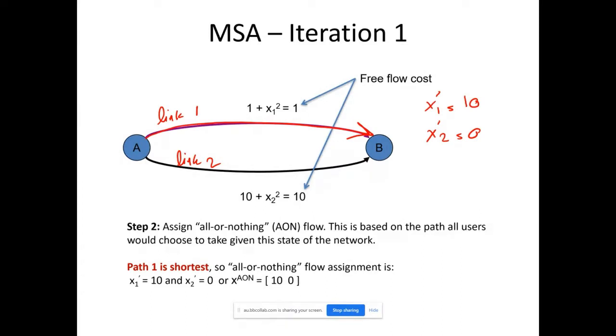Or in another way, if you want to write it in a matrix format, we can write x all or nothing equal to 10, 0. That's the result of an all or nothing assignment at iteration 1, when there's nobody in the network. People find the first path as the shortest, and they take it.